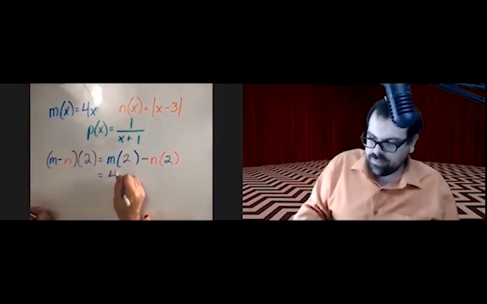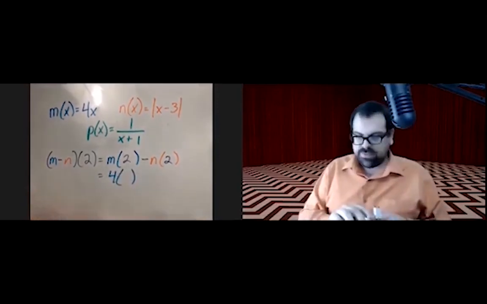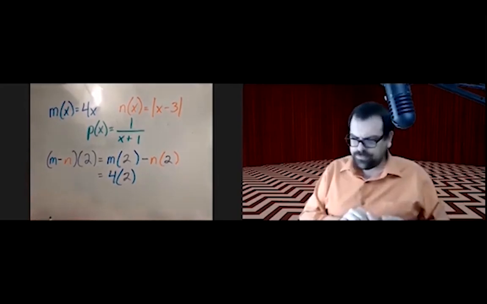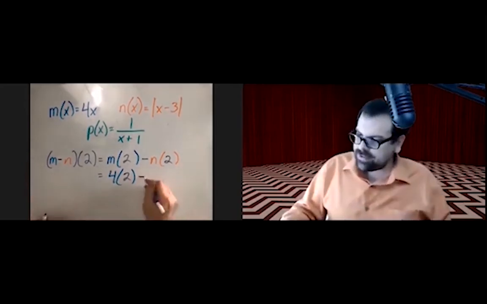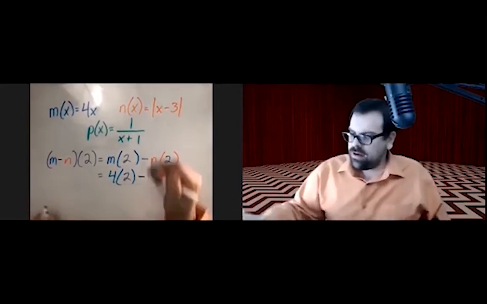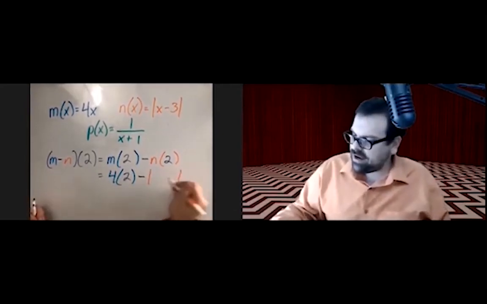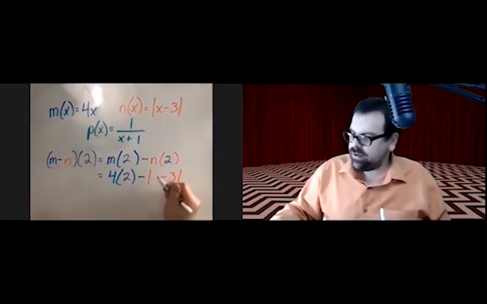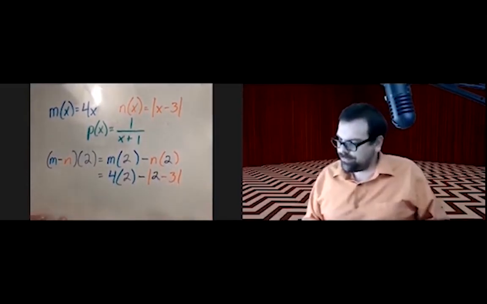Function m, that's 4 times our x, in this case 4 times 2, minus n, is the absolute value of the thing minus 3. Here the thing is 2.